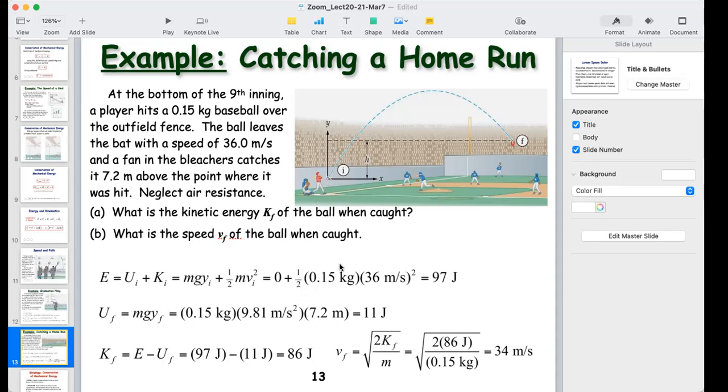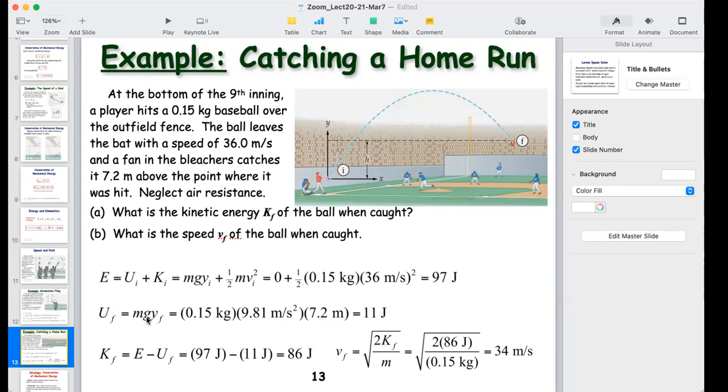We know the mass of the ball, and we also know the ball leaves the bat with a speed of 36 meters per second. So we also know the initial velocity. Very good. So we find the initial energy, 97 joule.